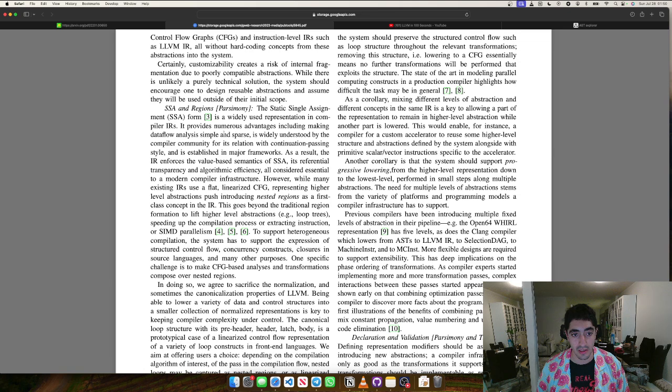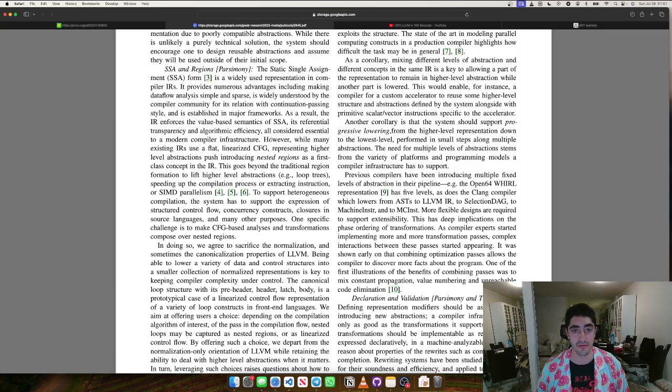It is widely understood by the compiler community for its relation with continuation passing style, and it's established in major frameworks. As a result, the IR enforces the value-based semantics of SSA. Its referential transparency and algorithmic efficiency are all considered essential to a modern compiler infrastructure.